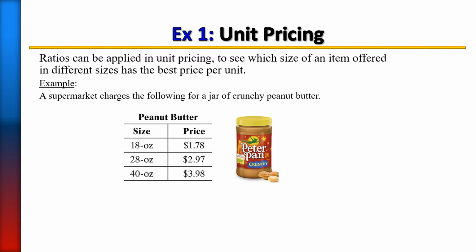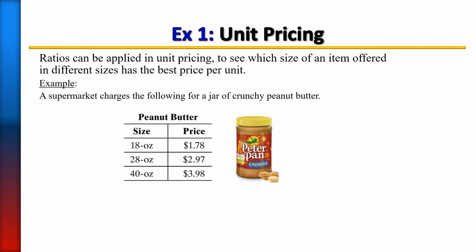So to find out which is a better buy, recall to find the unit price of what it would be for just 1 ounce of peanut butter. All you have to do is take the price divided by the size. So here the unit of measure is in ounces, so for the first one we would divide 1.78 divided by 18. To find the second unit price, you would type in $2.97 divided by 28.